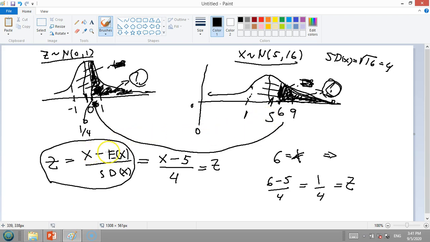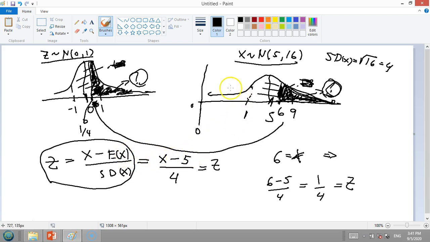I need to shift the whole thing to the left by 5 units first, and to do that I subtract 5 from every possible number. Then this 5 will become a 0. So this is why first, x minus 5: I subtract from each possible x the expected value of x.